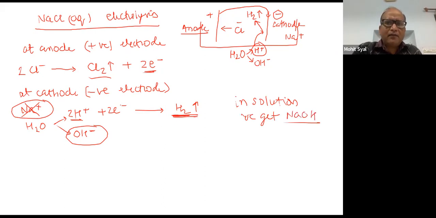So what all are we getting? We are getting chlorine at the anode, hydrogen at the cathode, and in the solution we are getting NaOH. NaOH is an alkali, Cl2 is chlorine, so this process is known as the chloralkali process. Okay, clear?